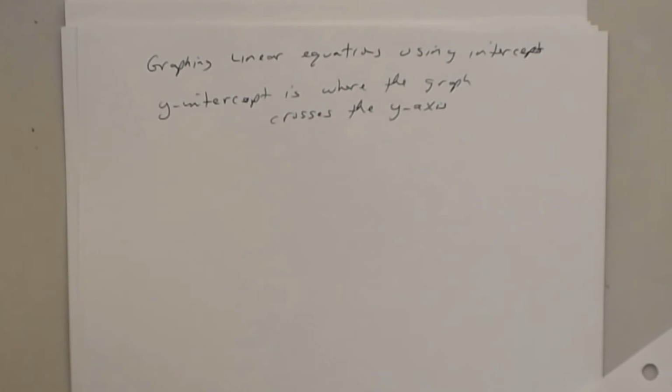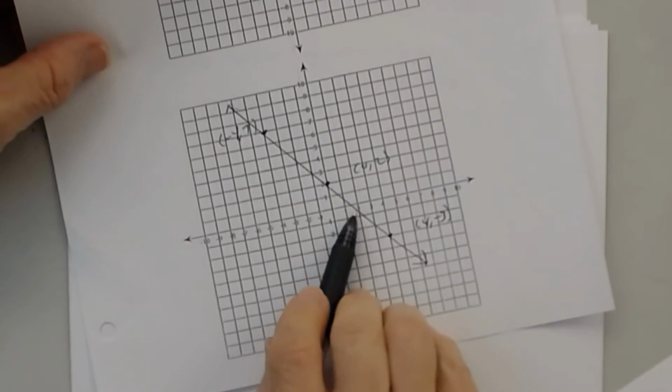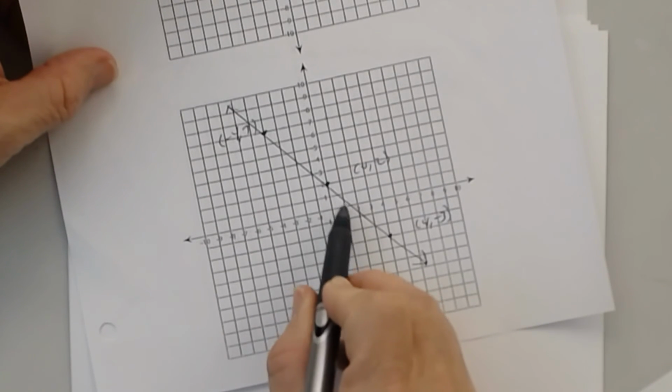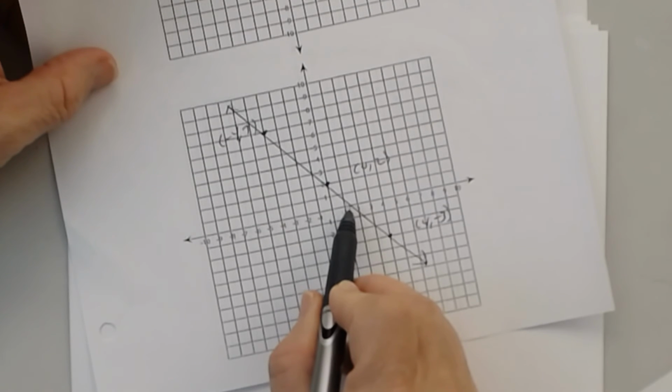Now if I look at that same line, but this point I'm pointing to right here, notice that's the point where the graph does what? Crosses the x-axis. So that point we call the x-intercept.